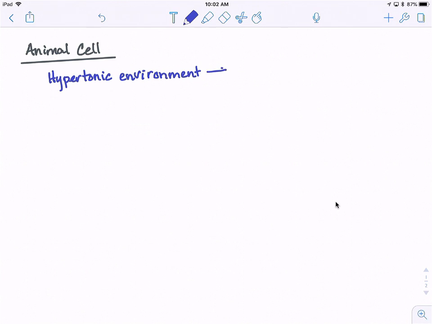What hypertonic means is that the environment has a higher concentration of solutes than inside the cell. Higher concentration of solutes outside, the environment.